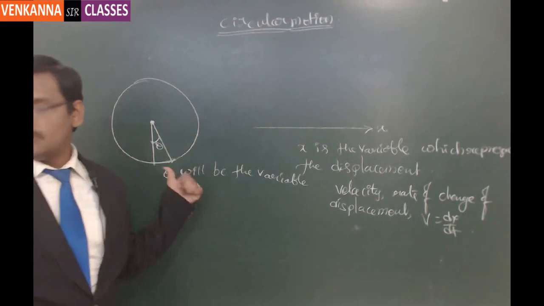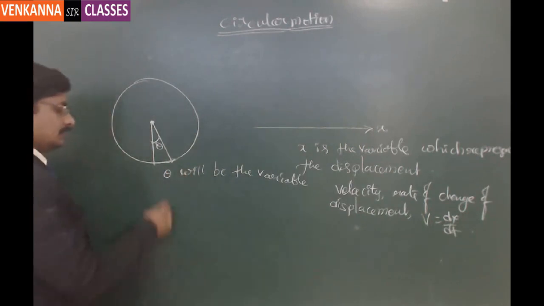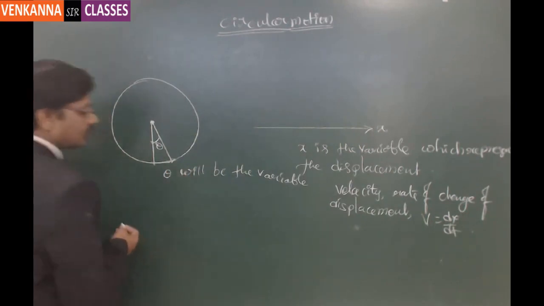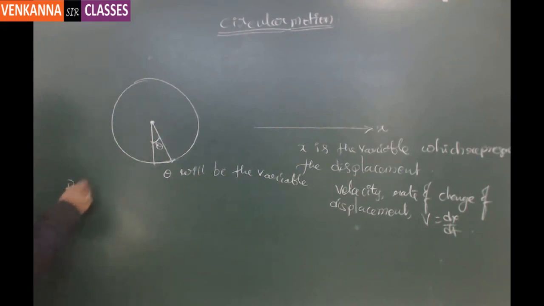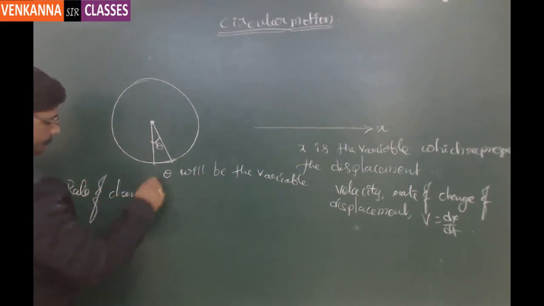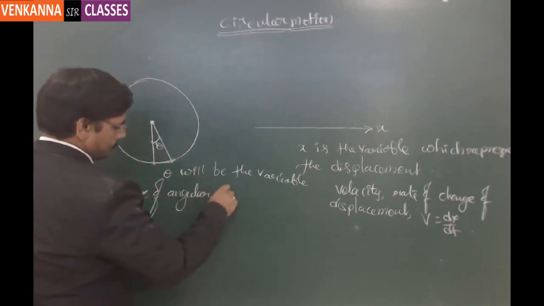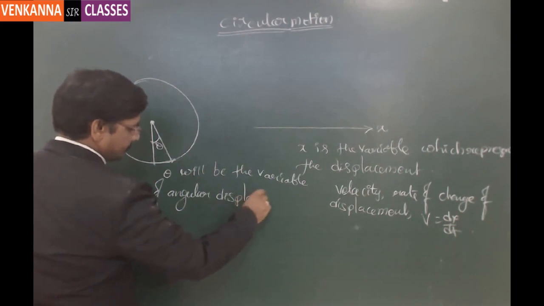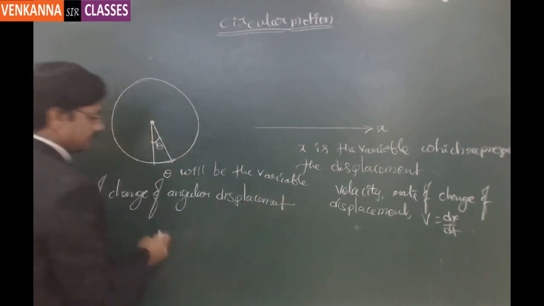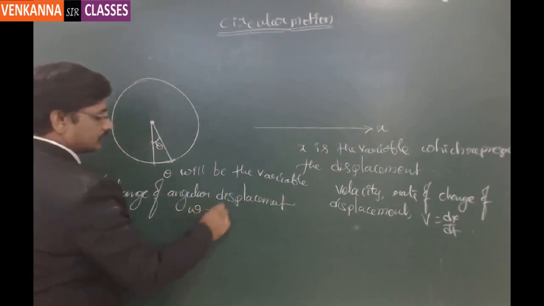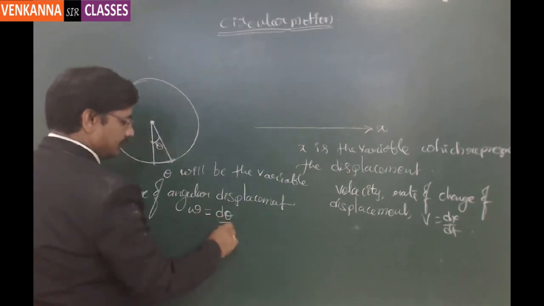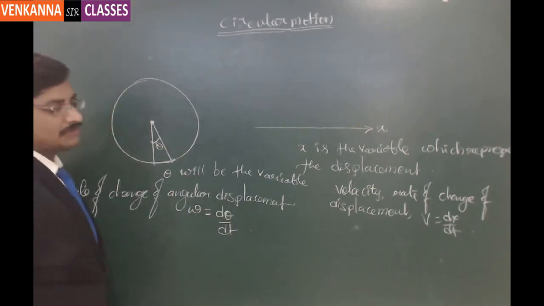In exactly the similar manner, we define the rate of change of angular displacement, and this is represented by omega is equal to d theta by dt. So this is the angular velocity.